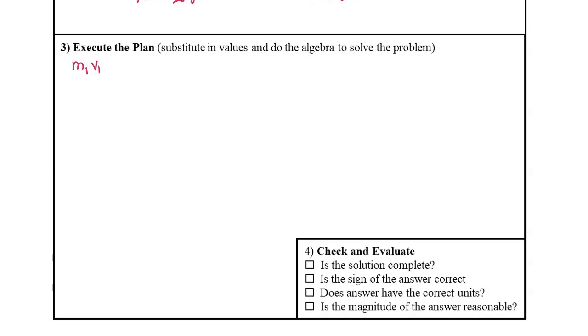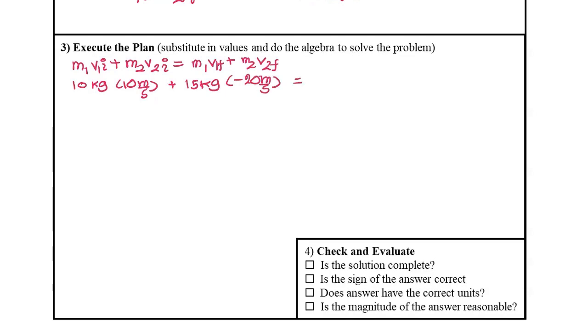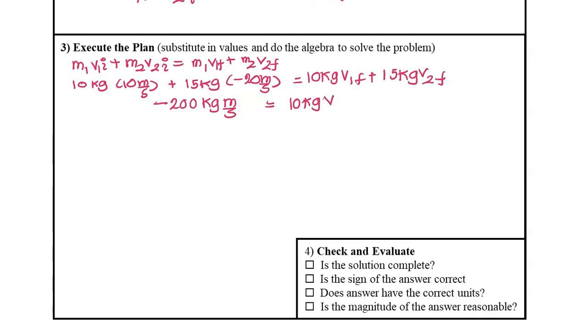So I'm going to use the equations I listed under the plan. The initial momentum of the first object plus the initial momentum of the second object is equal to the final momentum of the first object plus the final momentum of the second object. 10 kilograms times 10 meters per second plus 15 kilograms times negative 20 meters per second is equal to 10 kilograms times the final velocity of the first object plus 15 kilograms times the final velocity of the second object. 10 times 10 is 100, 15 times 20 is negative 300.